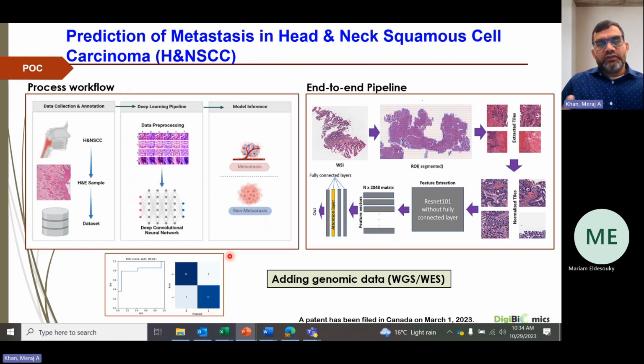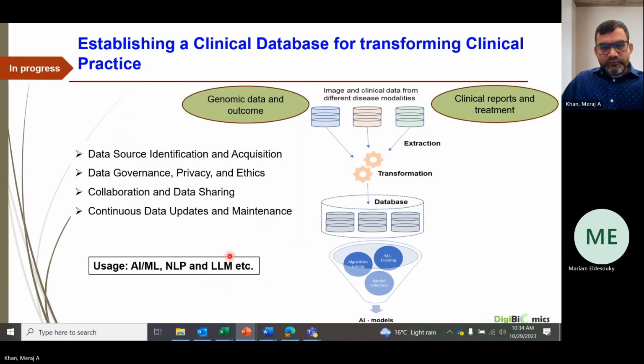So that in future we can give a kind of screening information, whether a particular genomic profile or particular clinical information may lead toward this kind of disease or not. Our focus is not to diagnose or screen based only on the H&E, because that could be a very late approach, but to do it early by integrating more data sets.